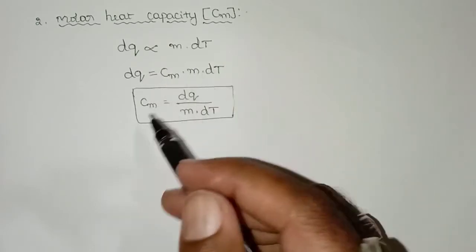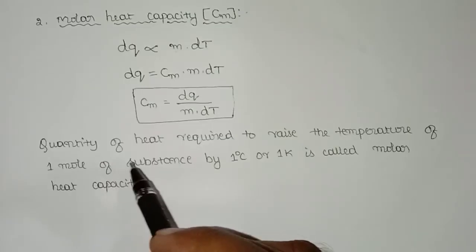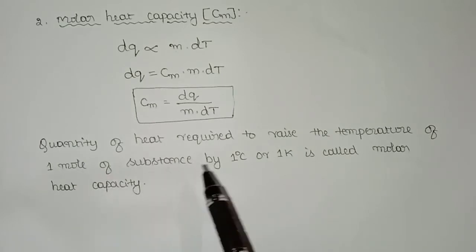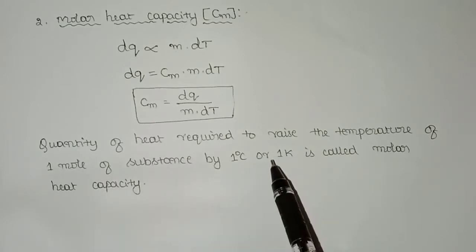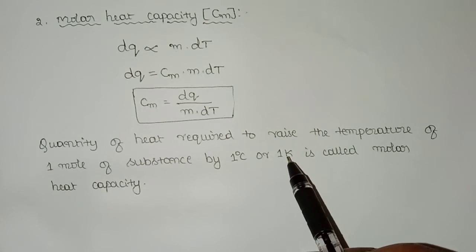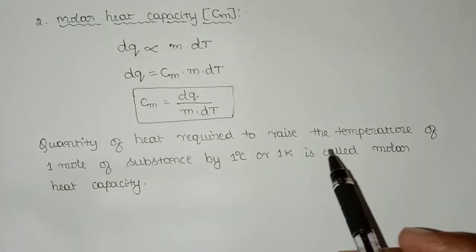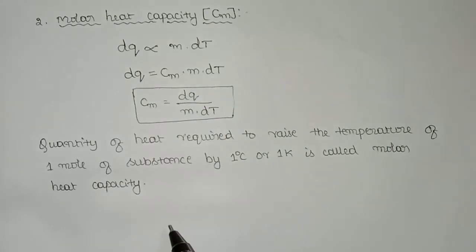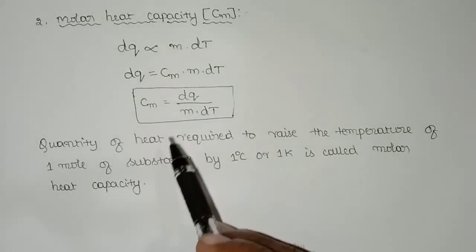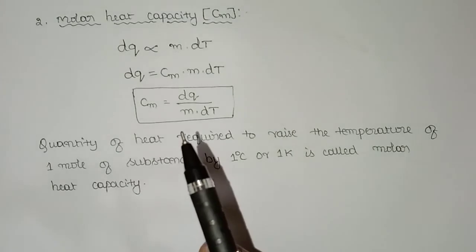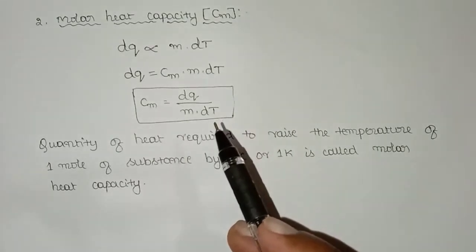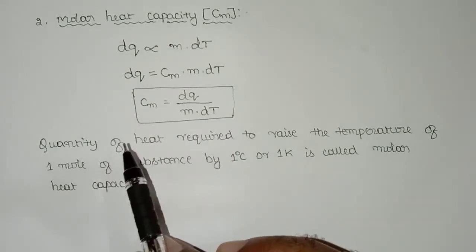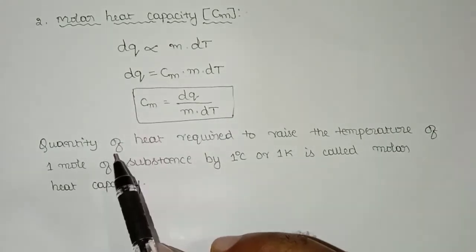So the definition can be written as: quantity of heat required to raise the temperature of 1 mole of a substance by either 1 degree Celsius, or you can express in terms of Kelvin, that is 1 Kelvin. That is the simplest definition you can give for molar heat capacity. And molar heat capacity can be measured either by maintaining constant pressure or by maintaining constant volume. And now we shall see about those two heat capacity parameters.